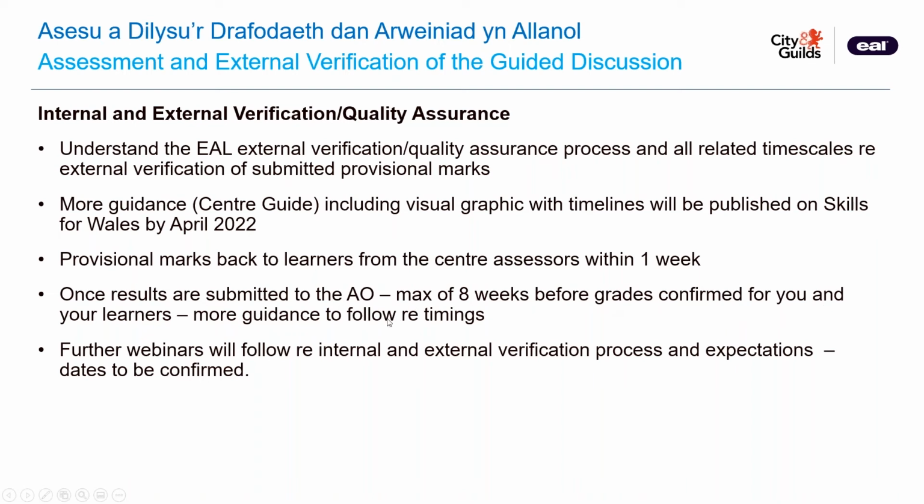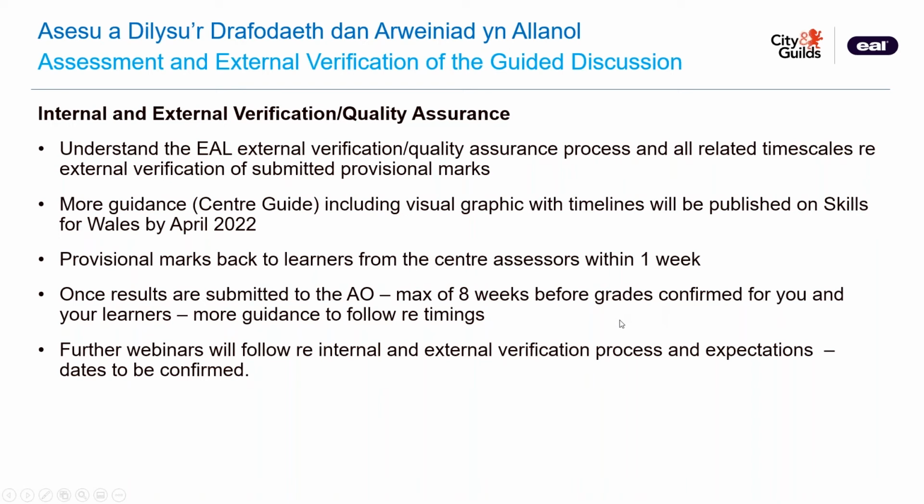More guidance to follow, retimings. That is within the Qualification Wales Centre admin guide. Details are in there about that. But you may have learners finishing at different times. You may have a cohort of learners finishing at the same time. Again, you may have learners that have been off sick and maybe finishing after the majority of other learners have finished.